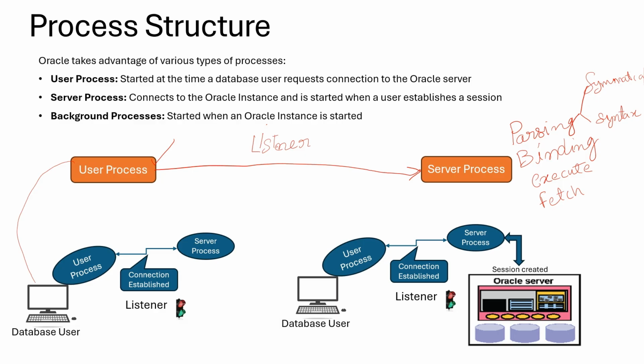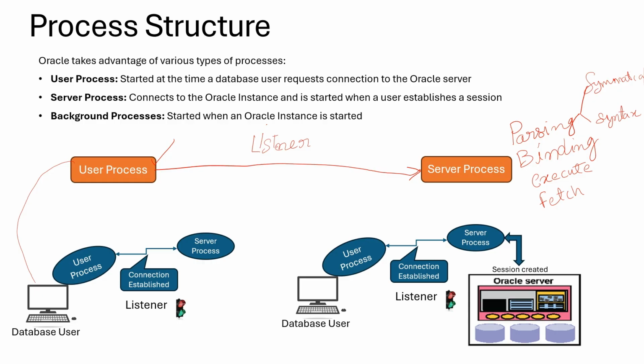So we learned about the server process. When a user logs onto the Oracle database server by specifying a username, password, and a database, a process is created on the database server machine, running on the Oracle server.